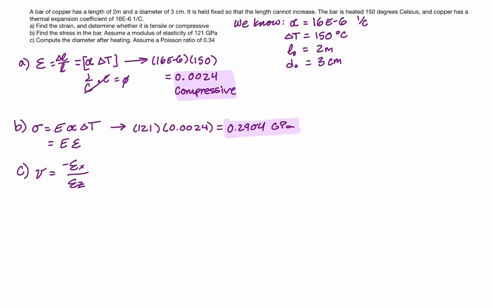So if we think of a bar being held at two fixed points, if I draw it back over here again, it's going to be 3D, and it's held here, and it's held here, right? And so we're going to assume that this is our x direction, and we're going to go ahead and assume that the expansion that we're finding is going to be in the x direction.